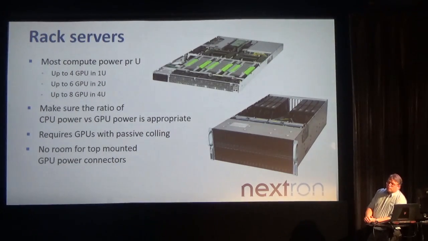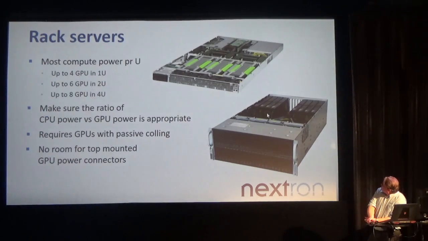And that means that not all GPUs are suitable for putting inside a rack. For instance, the commonly used workstation GPUs, the GeForce line, cannot be used in a rack server because they have top-mounted power connectors. There is no room for those, and you have a fan which blocks the airflow when you have fans in the chassis instead.